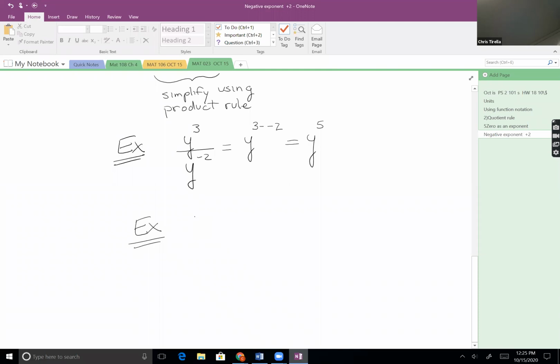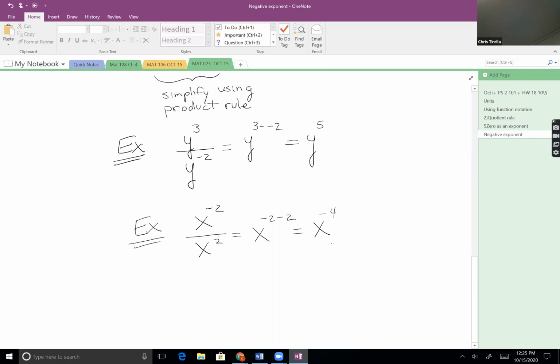Instead, if I have x to the negative 2 over x to, let's say positive 2. First, I'll subtract exponent of the numerator minus exponent of the denominator. And again, I can do that because my bases are the same. Negative 2 minus 2 will give me negative 4.